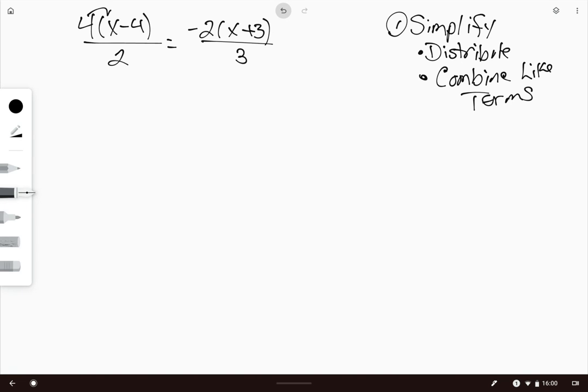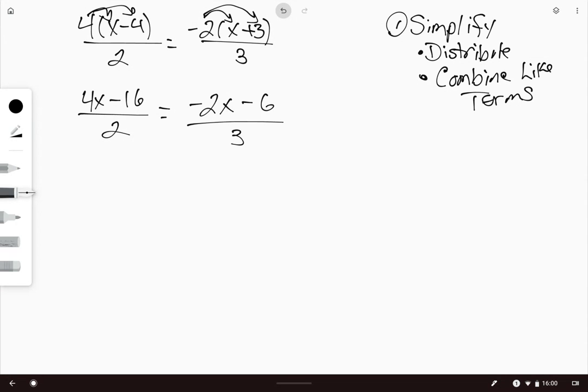So 4x minus 16 divided by 2 gives me a negative 2x. Now this is going to create a sign change. So negative 2 times 3 is negative 6, divided by 3. So I've simplified as far as I can.